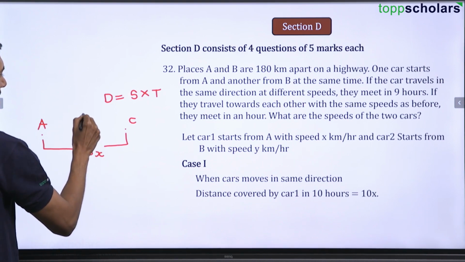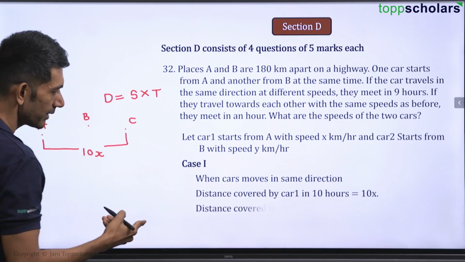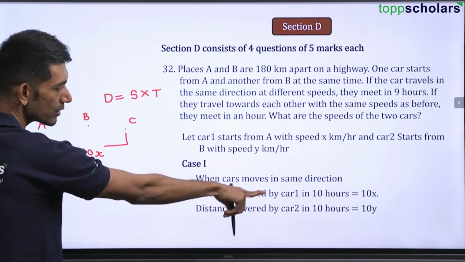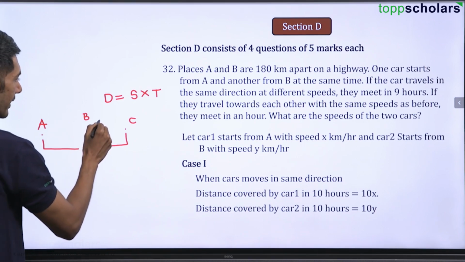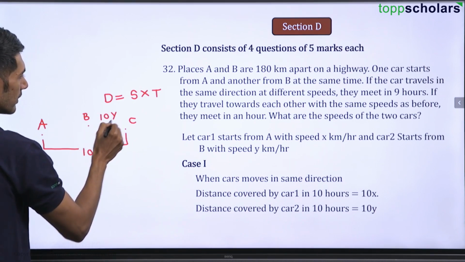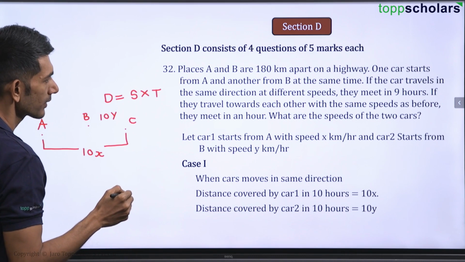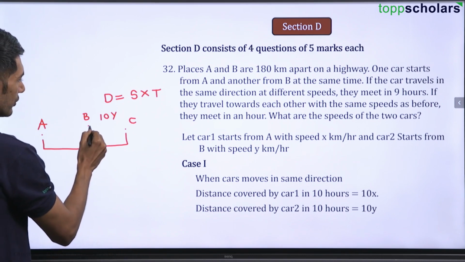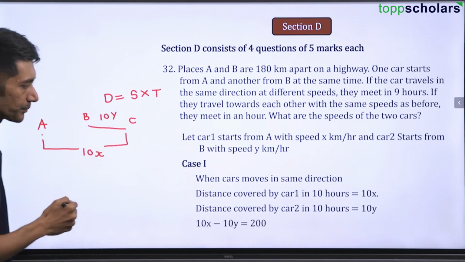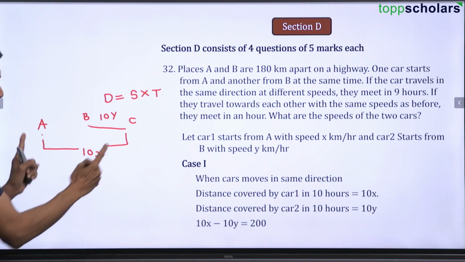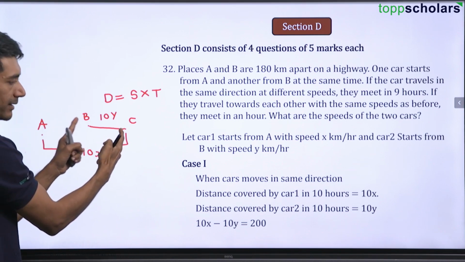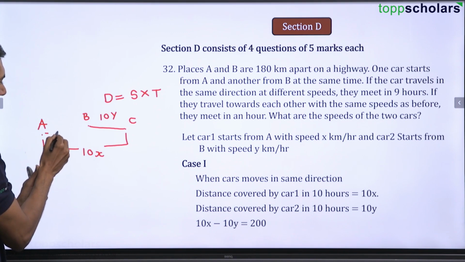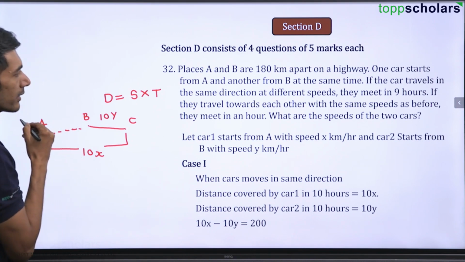and point B is here in the middle. Similarly, can I say distance covered by car 2 in 10 hours will be 10y, right? So this will become 10y. So here, can I say this distance minus this distance is the remaining distance over here, correct?